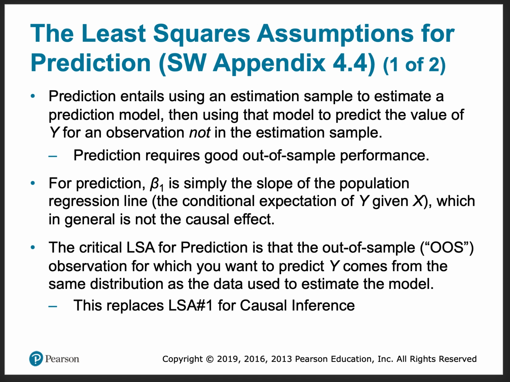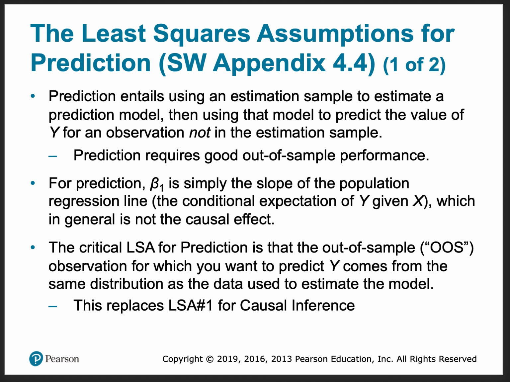You run a regression to estimate the relationship, for example, between the yield curve and economic growth, and can forecast what the yield curve might be, or inflation expectations, things like this, for next quarter, and then predict economic growth therefrom. So to do this effectively, we really do require good out-of-sample performance.